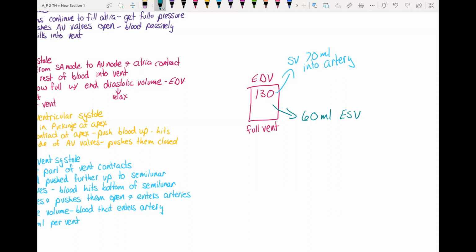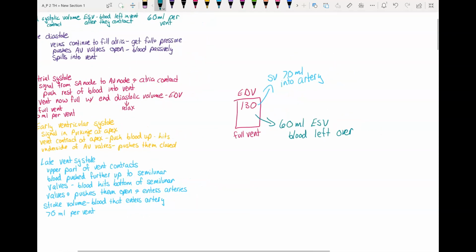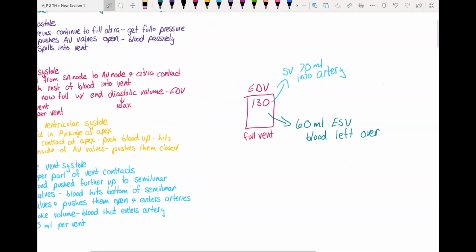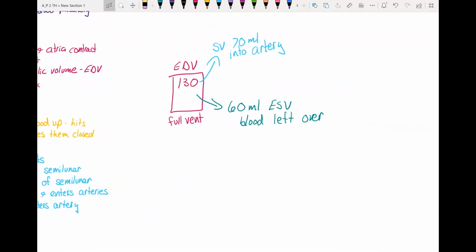This is the blood left over that didn't make it into an artery.